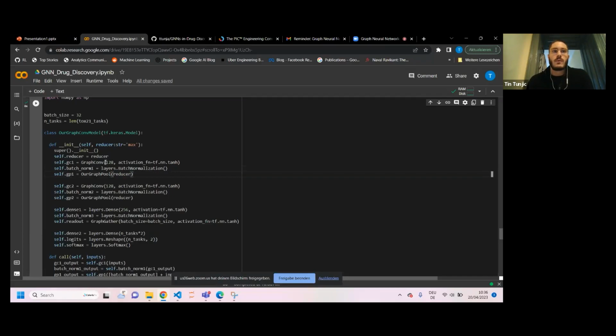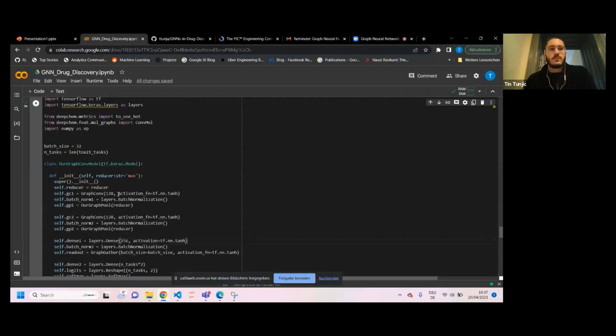The first one has 121 nodes, and the second one also 121, and then we have a normal dense layer with 256, and then we just gather the information and provide it into our dense layer again, and then we have the softmax function, which actually gives us the probabilities of how probable it is that this molecule is toxic or not.